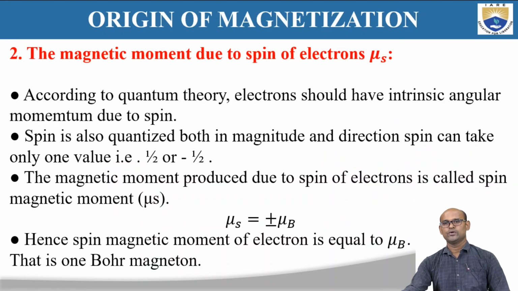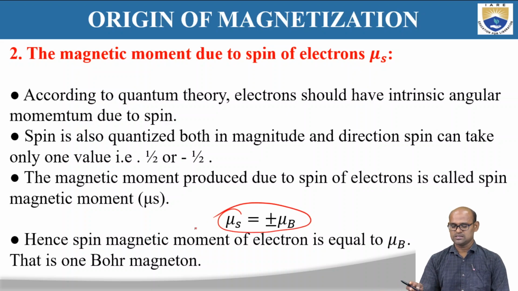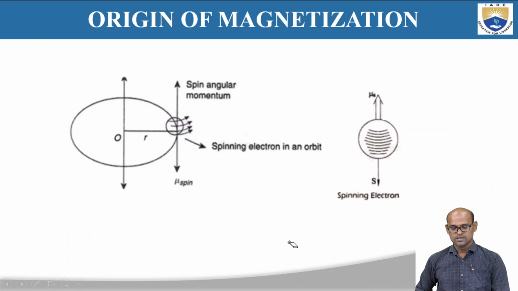Similarly, magnetic moment produced due to the spin of electron, spin is quantized and it is plus or minus half. So we can write the magnetic moment because of the spin of the electron as plus or minus mu B.